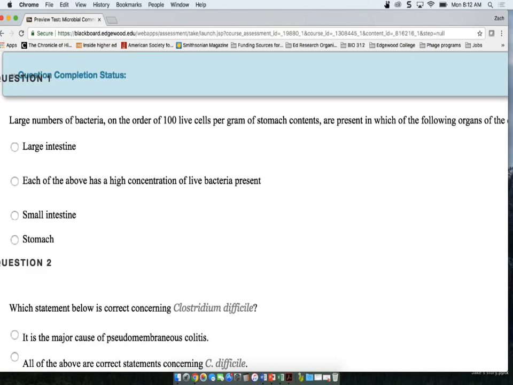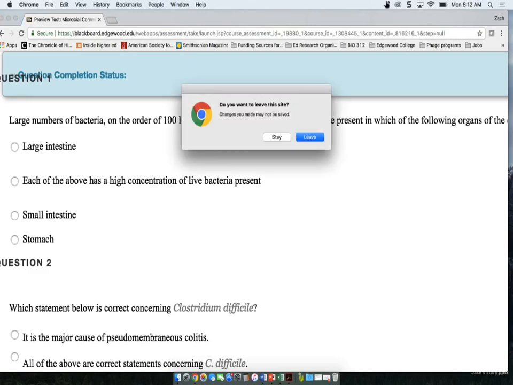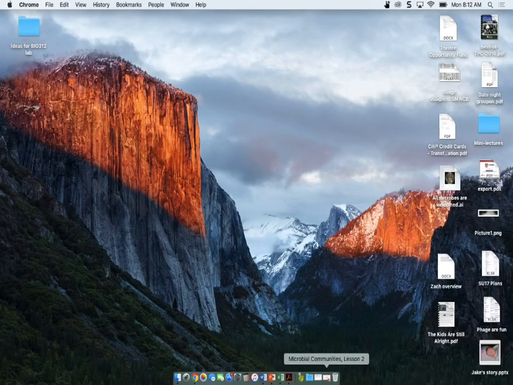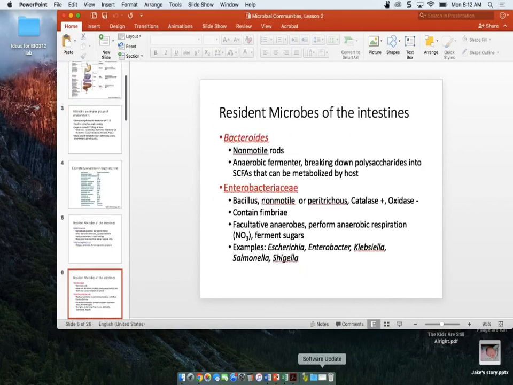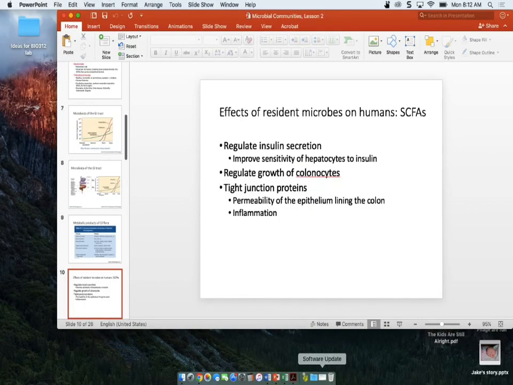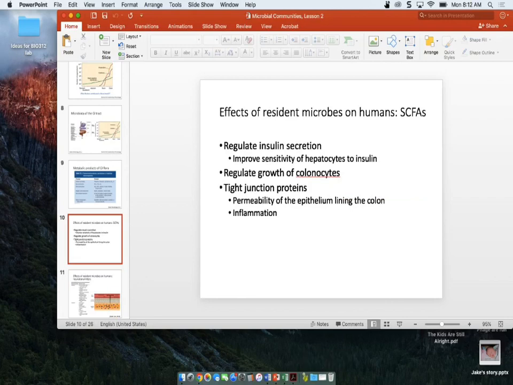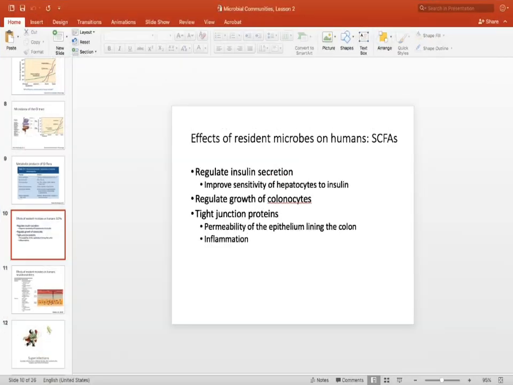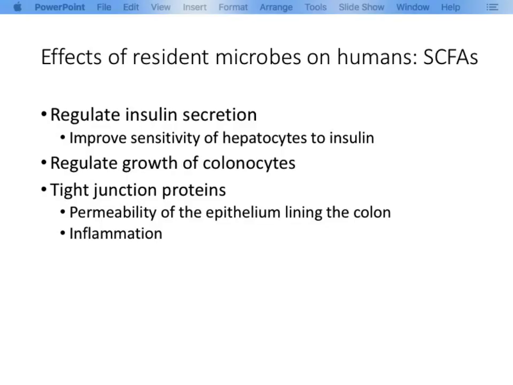Where we're going to move into today is a couple of brief things to talk about the benefits, and then the potential downsides with respect to antibiotics again. I throw these couple up here real quick to talk about the benefits that we gain from some of these microorganisms.